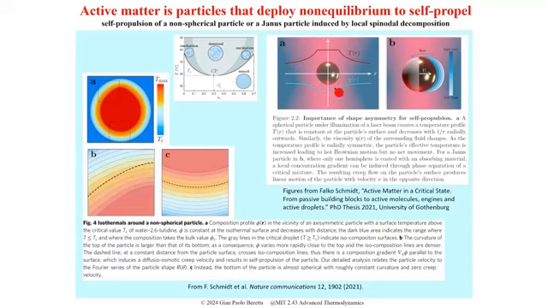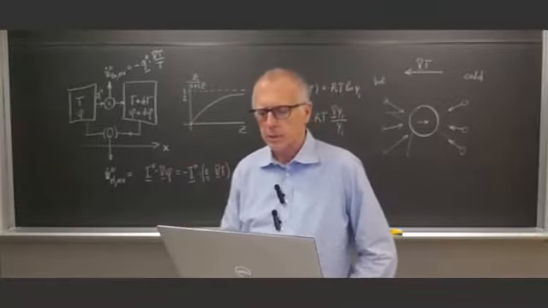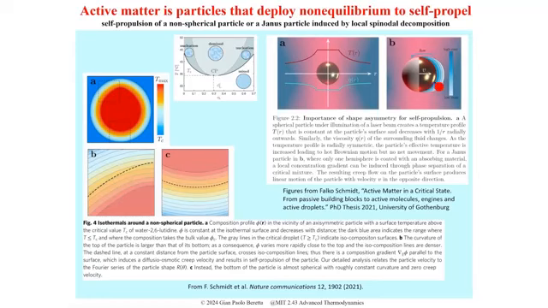And there are two kinds of particles. This one, which has a double face, is called a Janus particle, because Janus is the Greek god with two faces. This particle is gold-plated on one side and not on the other side.